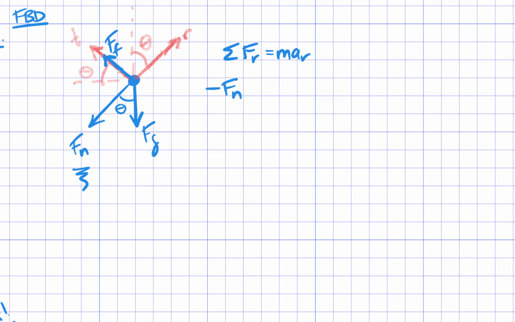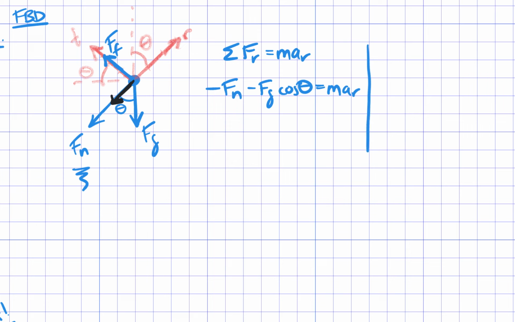And then the force of gravity, okay, so we got to do a little bit of trig here, or a little bit of geometry. There's our angle right there. So we want the component that is in the negative r direction in this case. So it's going to be minus force of gravity, and it looks like that's going to be the adjacent side. So we'll use a cosine of theta equals m a_r. And we're going to leave that, again, remember, leave that right-hand side alone until we're ready for it.